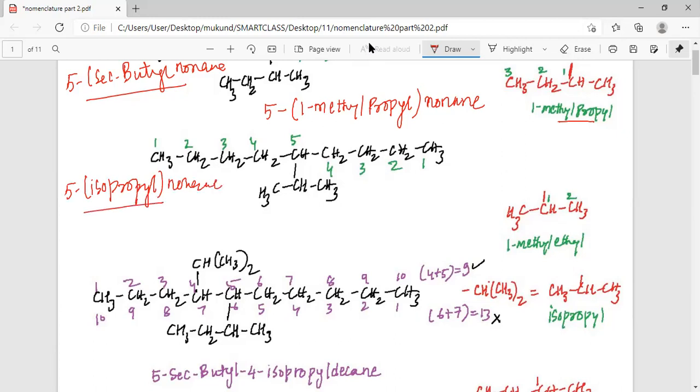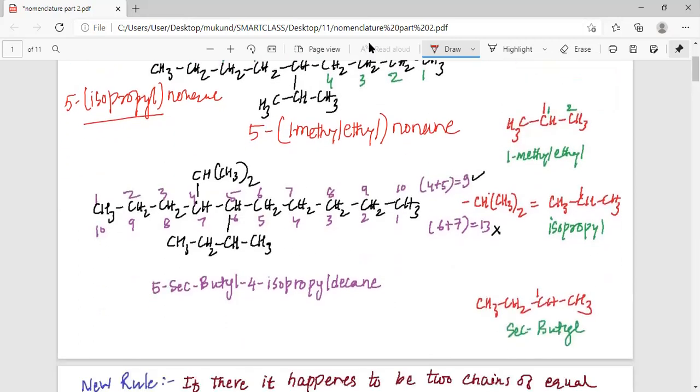But according to the IUPAC system, we will call it 1-methyl ethyl, and thus it becomes 5-(1-methyl ethyl) nonane. That is how we call it.